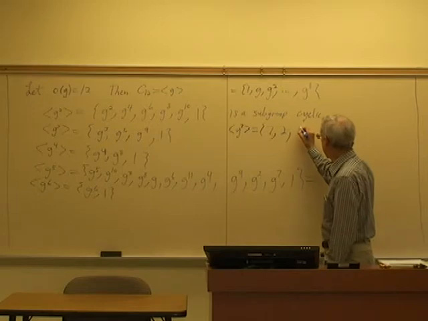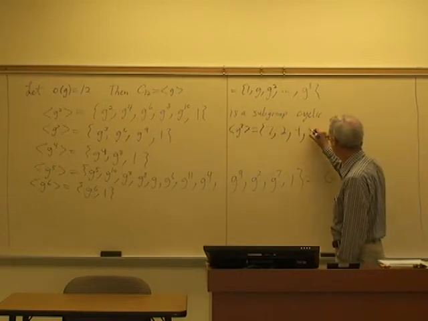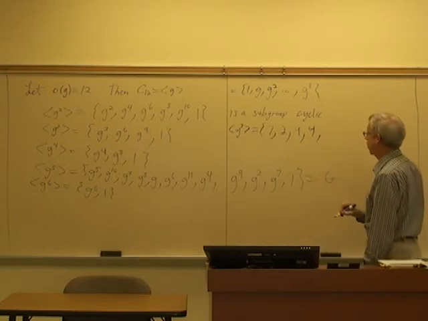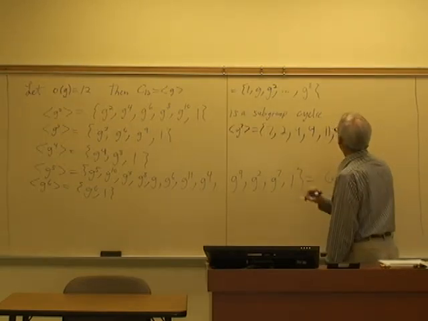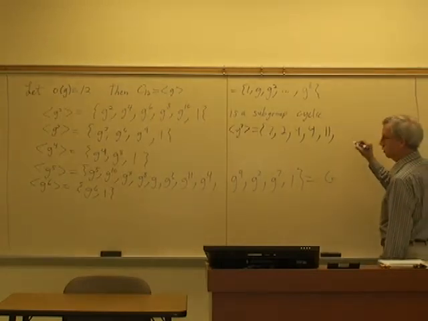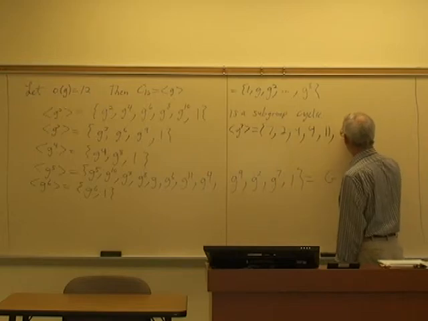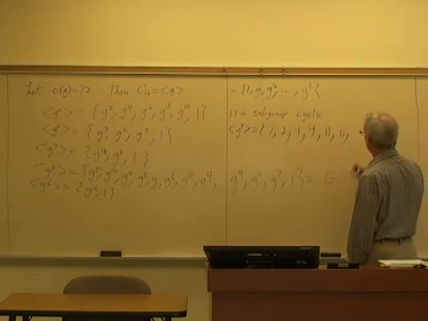Plus 7 is 9. Plus 7 is 16, which is 4. 7 and 4 is 11. Plus 7 is 18, which is 6. Plus 7 is 13, which is 1.